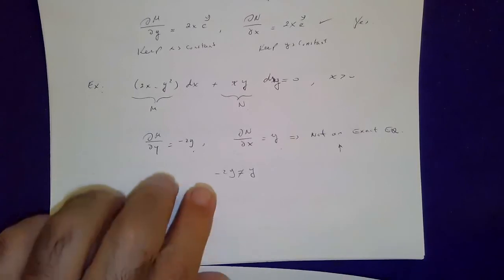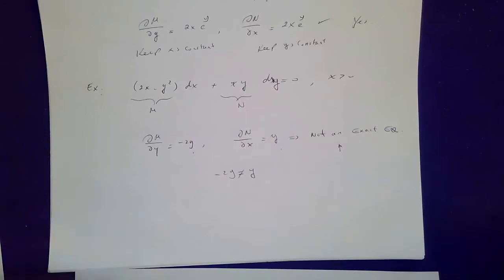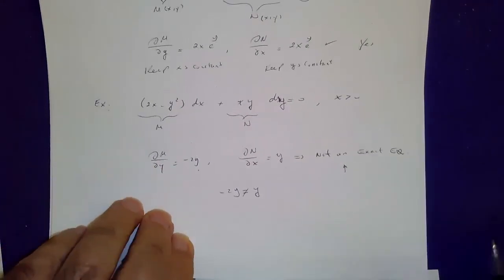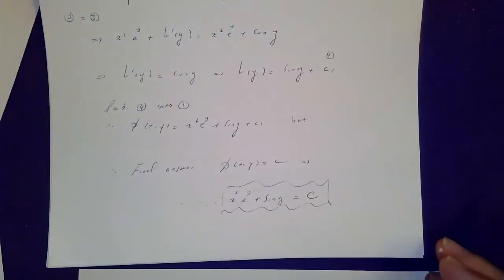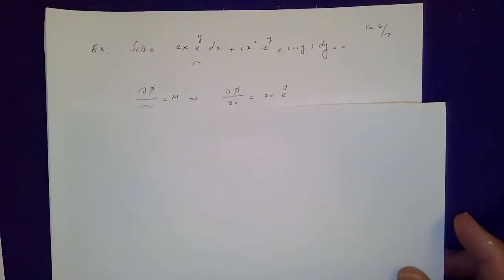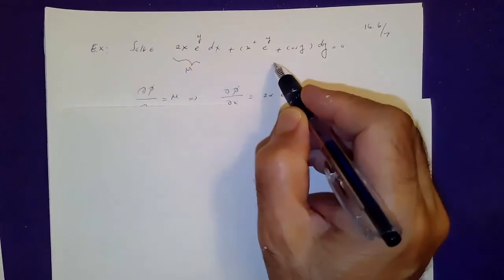So as I said, not all the equations which are written in this form are called exact. You have to pass this test. So now the idea is, how do you go about solving these once you've made sure the equation is exact?